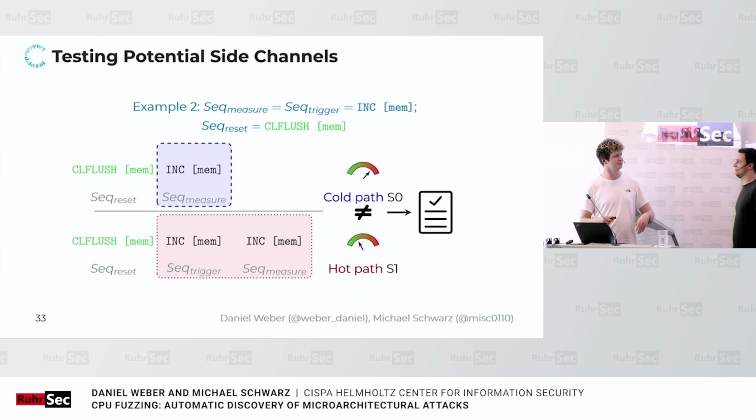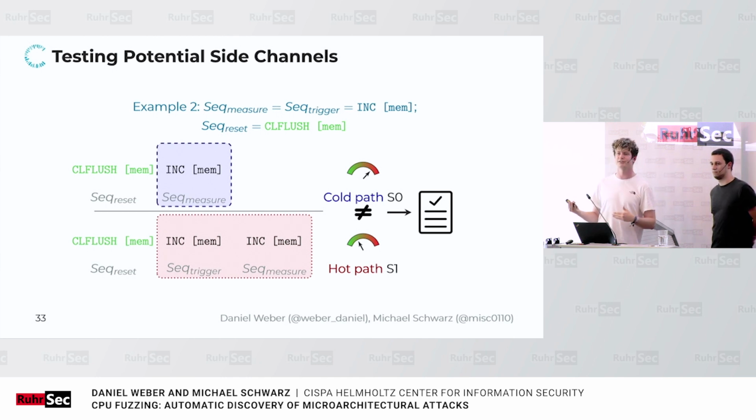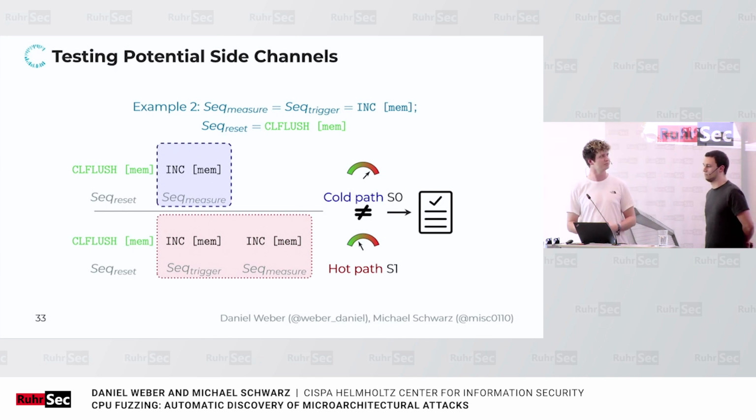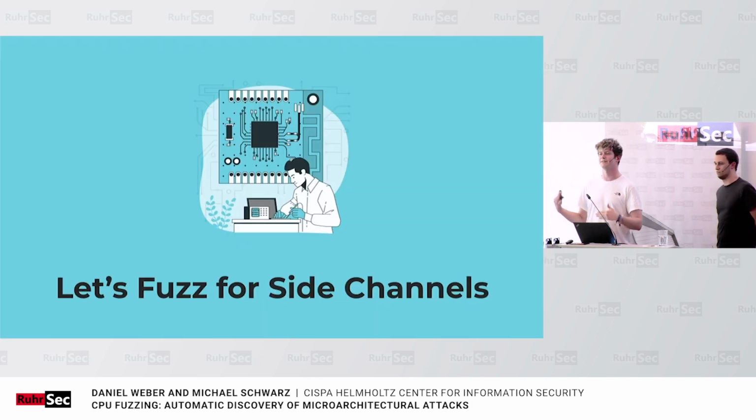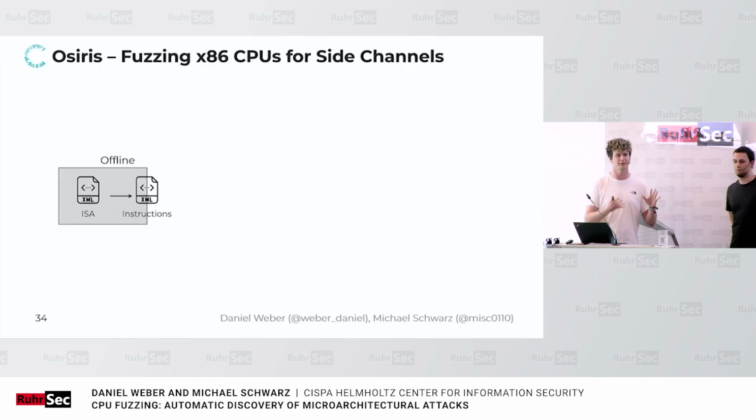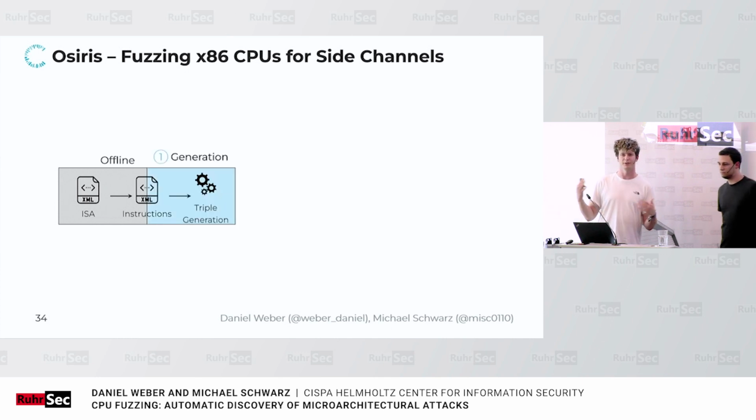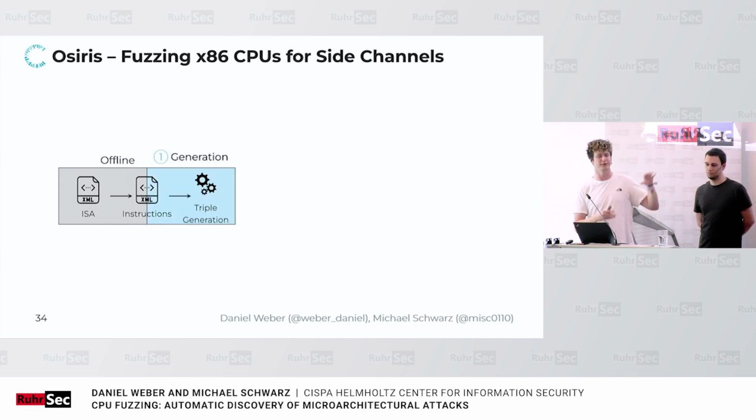Yes, exactly. Because by just executing or not executing this trigger sequence, I can just encode information. And with that in mind, I claim we can just start fuzzing for CPU side channels. Okay, we start very simple. We get a list of all instructions. Then we just put them into the form of our model that we just defined.